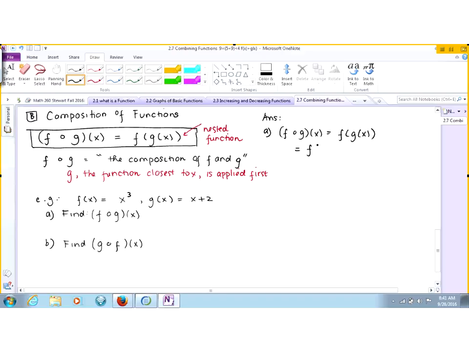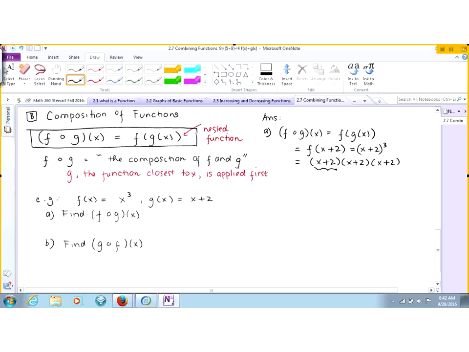So, f of x plus 2. All right. So, what is f of x plus 2? What is x plus 2 cubed? You can do it on the side and then put the answers here. Or you can write it here. x plus 2 times x plus 2 squared. So, times x plus 2.